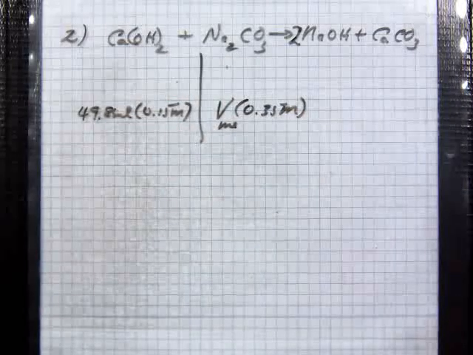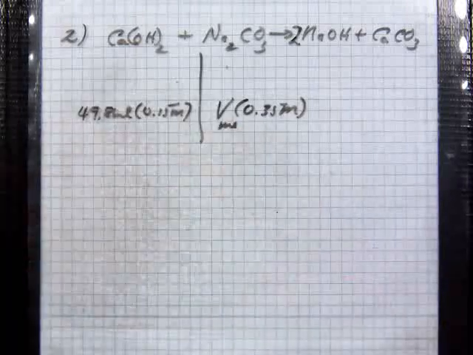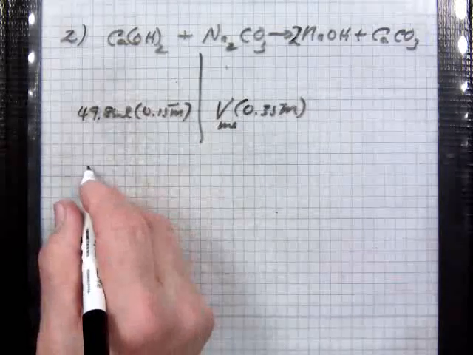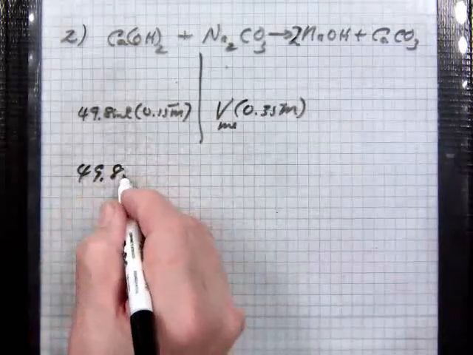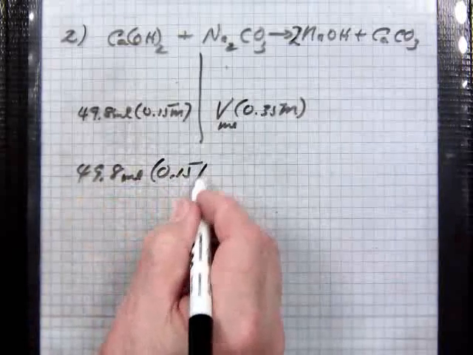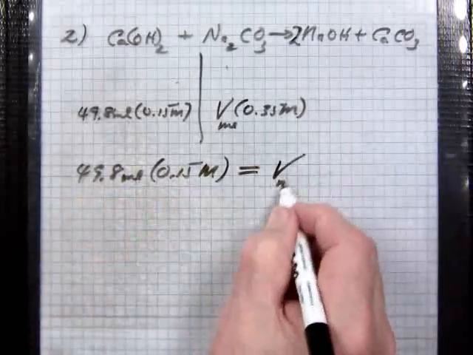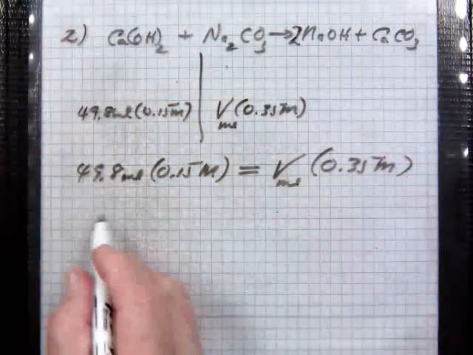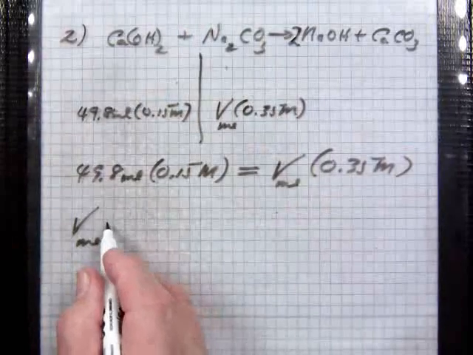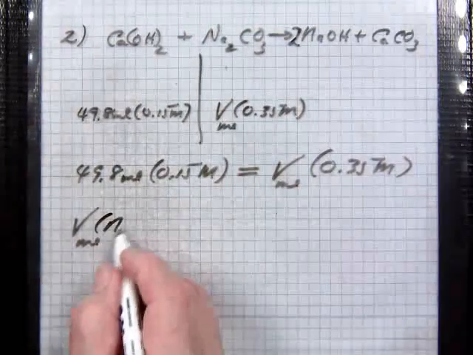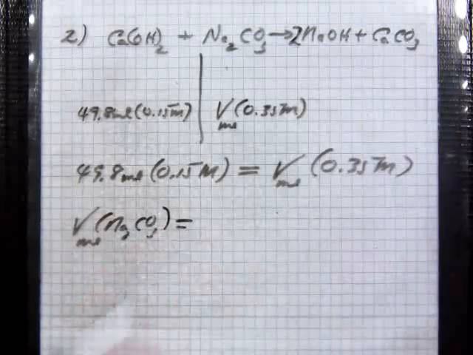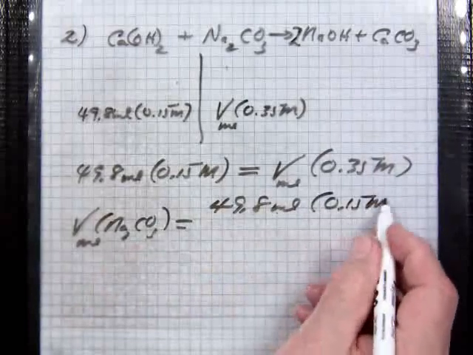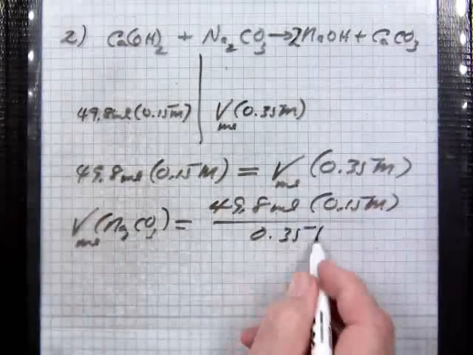Now you set those equal. You don't need to swap coefficients here, just solve for whatever the volume is, because molarity times volume is moles. So we have 49.8 milliliters of 0.15 molar is equal to the volume in milliliters of 0.35 molar of the sodium carbonate. Solving for the volume of the sodium carbonate, it is 49.8 milliliters times 0.15 molar over 0.35 molar.